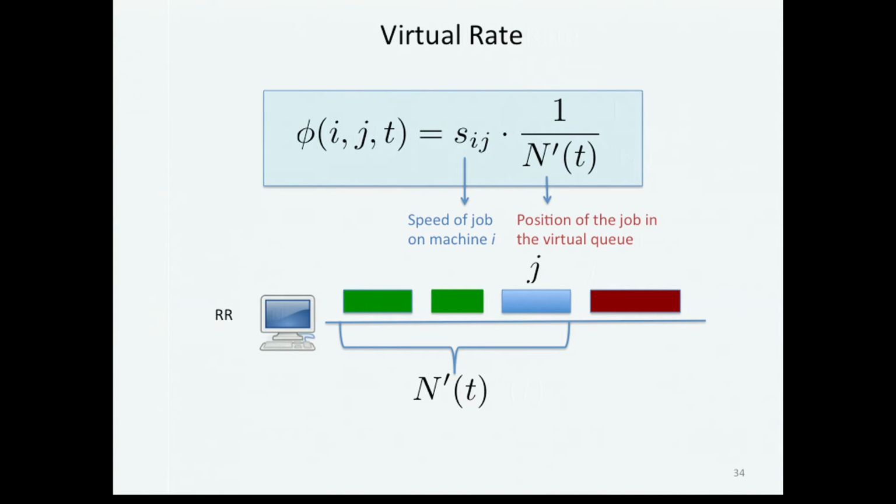So this is a proxy for how much rate this job gets on machine i. Since we are doing round robin, this quantity is related to the number of jobs on that machine. So this is a proxy for how much rate I would get if I move to machine i. Note that if this were n_t, the number of jobs at time t, then it would be exactly the rate the job gets.